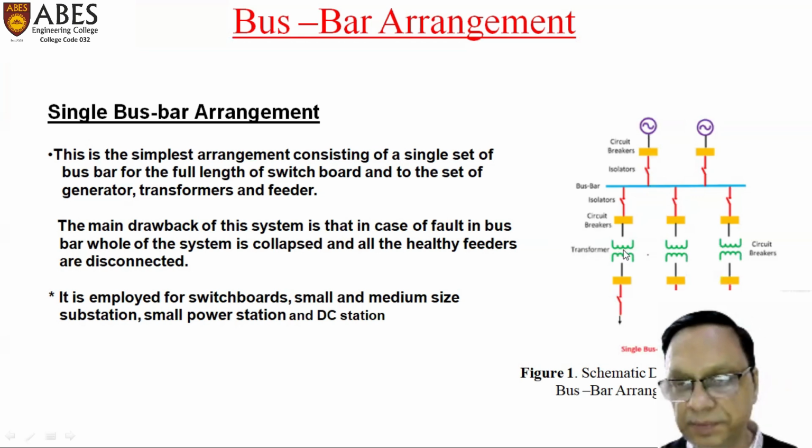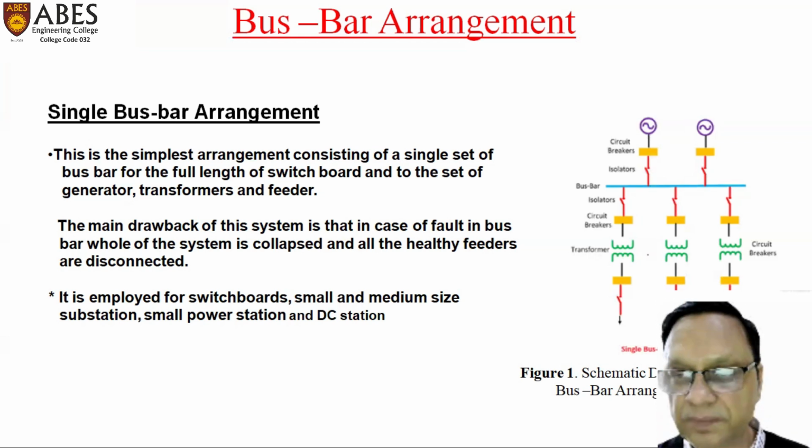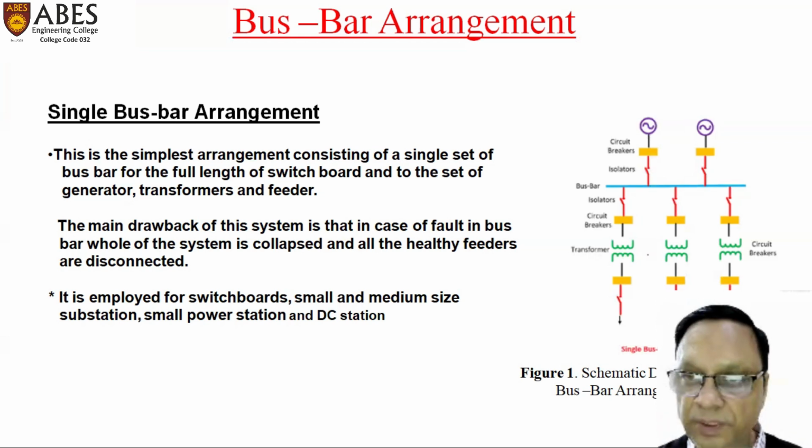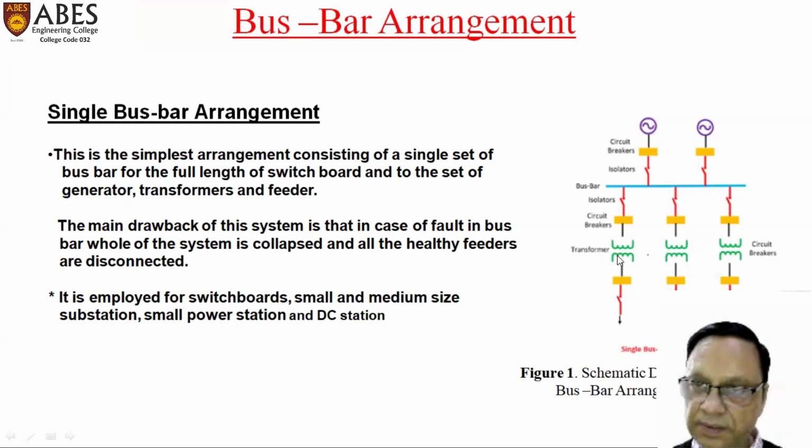The transformer either steps up the voltage or steps down the voltage. It all depends upon the requirement. Normally these lines are used for transmission. So if we are generating 11,000 volts, there will also be 11,000 volts available at the primary end of the transformer at these three ends. Transmission voltages are always higher than the generating stations.